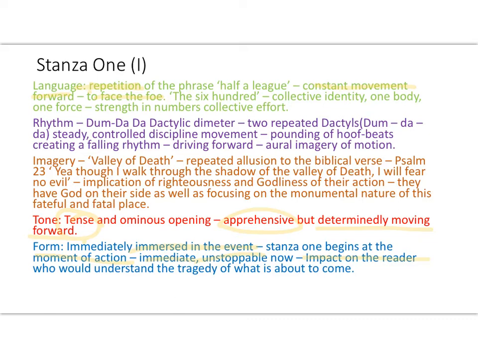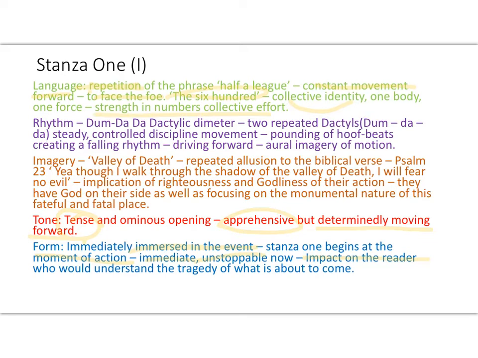Instead, what we have is this movement forwards. And the movement forwards is of a body of men, the 600. So it's not 600 men, but the 600, one collective identity, one body, one force moving forward. And that creates a great degree of strength.